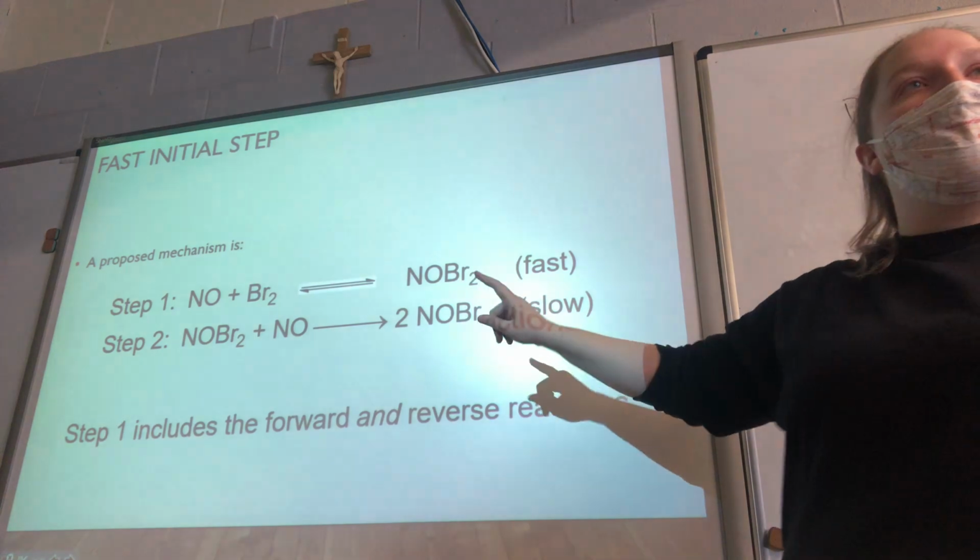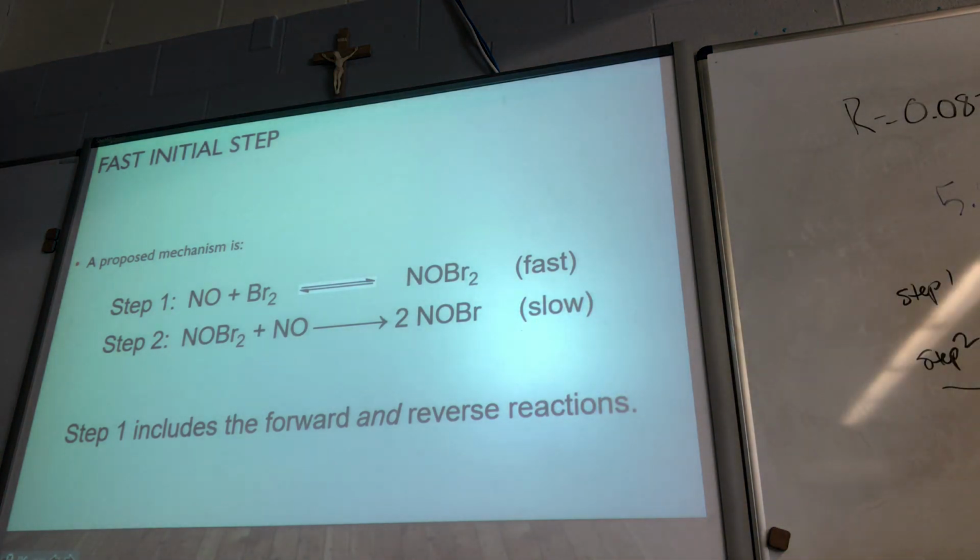So how do we write rate laws if we were just given a reaction? Does anybody remember from the very beginning? Well, we always write a rate law with rate equals K, right? Then we go concentration of the first reactant.